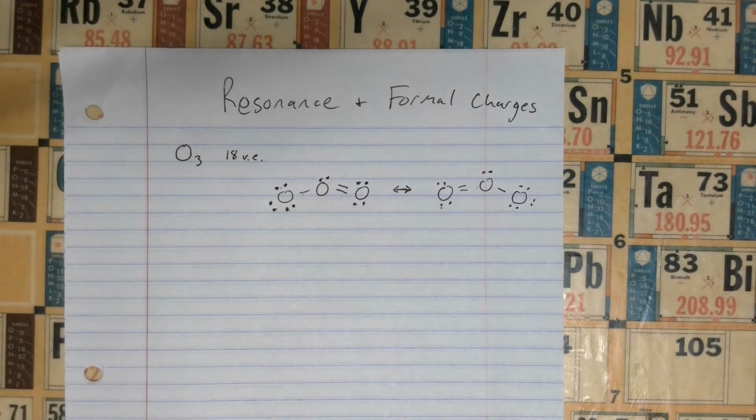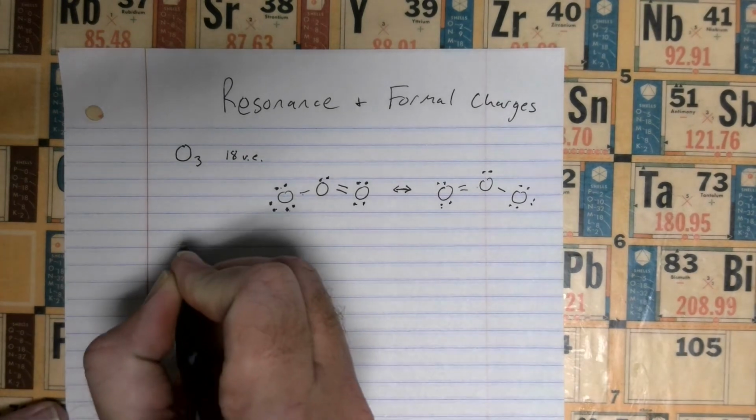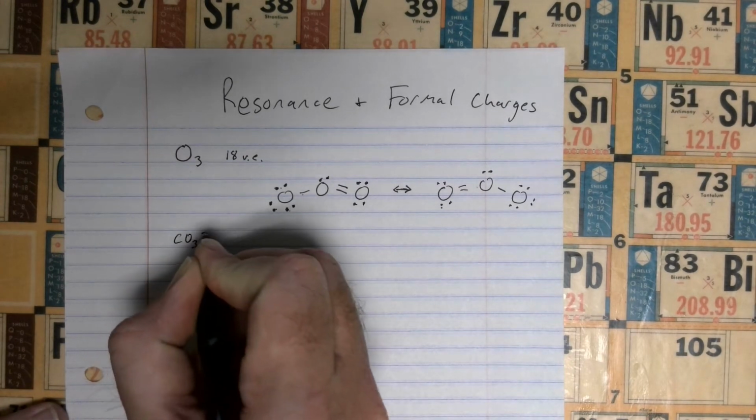So another example of a resonance structure might be the carbonate ion. So CO3 2-.